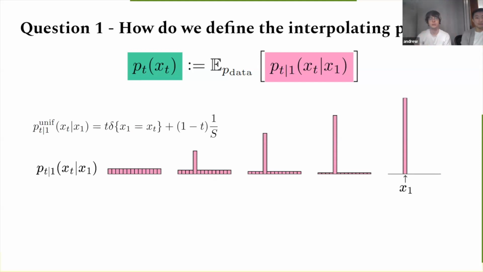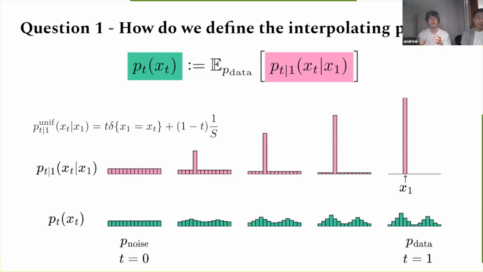I've written the equation here where at time 0 it's just uniform, and then at time 1 it's a one hot vector on the conditional data point. And if you then take the expectation of that with respect to the data distribution, you precisely get that desired flow in the distribution space that we were after, where it starts at noise and then gradually interpolates towards the data distribution. Because if you take the expectation of that one hot vector with respect to the data distribution, you just get back out the data.